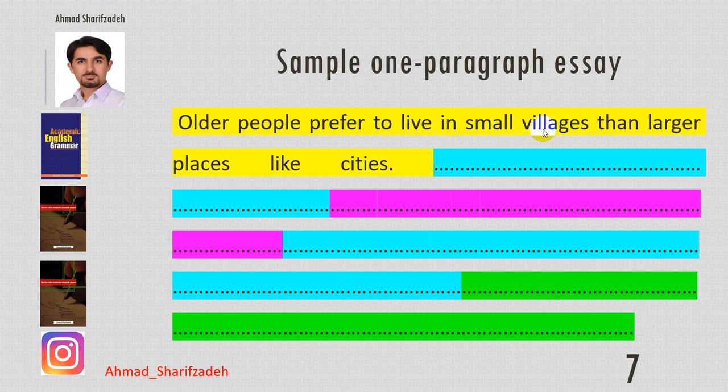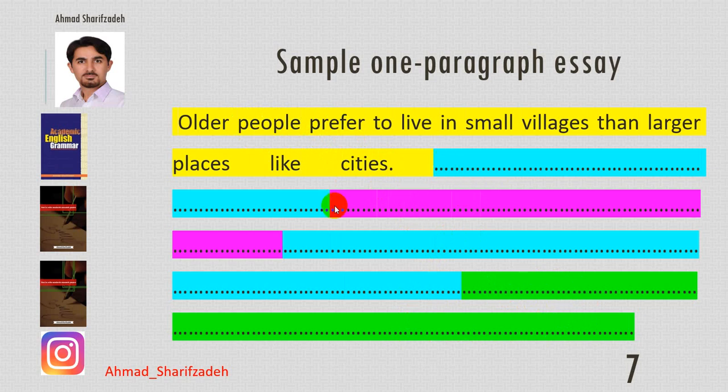Instead of in small villages, you can say, for example, suburban places, suburban areas, and instead of larger places like cities, you can say metropolitans. Am I right? Then you can change the words here at the end and use synonyms, antonyms, and the like to make the sentence seem different, but you should keep the concept the same again.